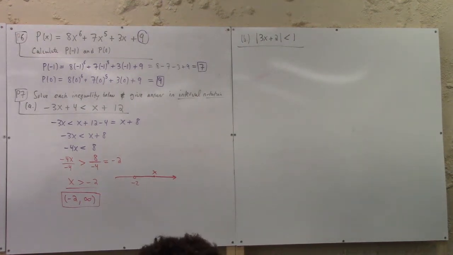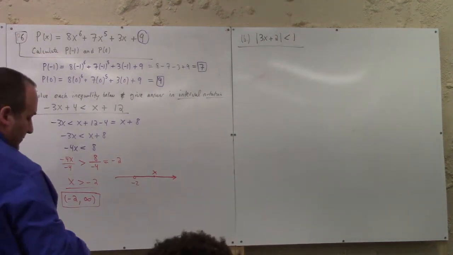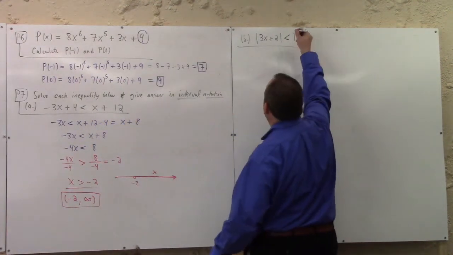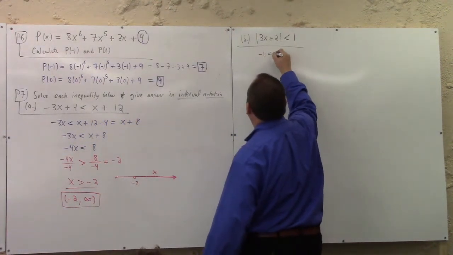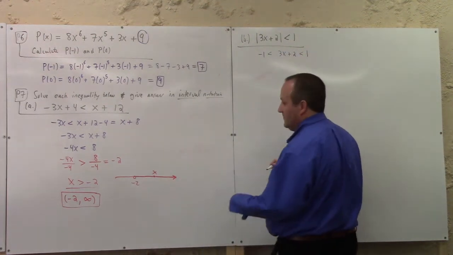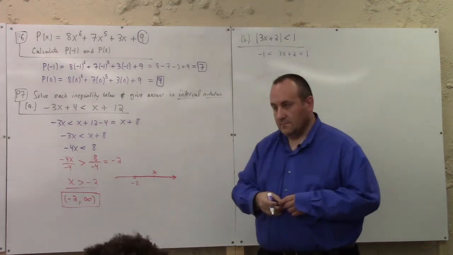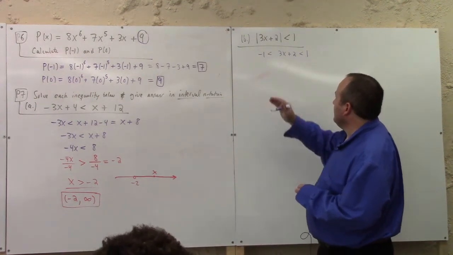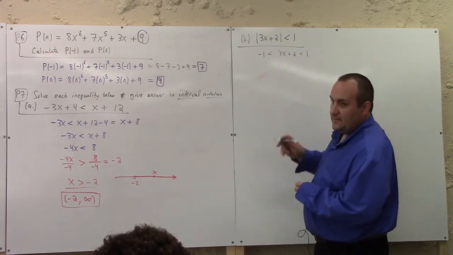The same method. Well, yeah, but notice the absolute value. So what we learned is that this is equivalent to -1 less than 3x plus 2 less than 1. So when the absolute value is less than something, we can just unwrap the inequality like that.